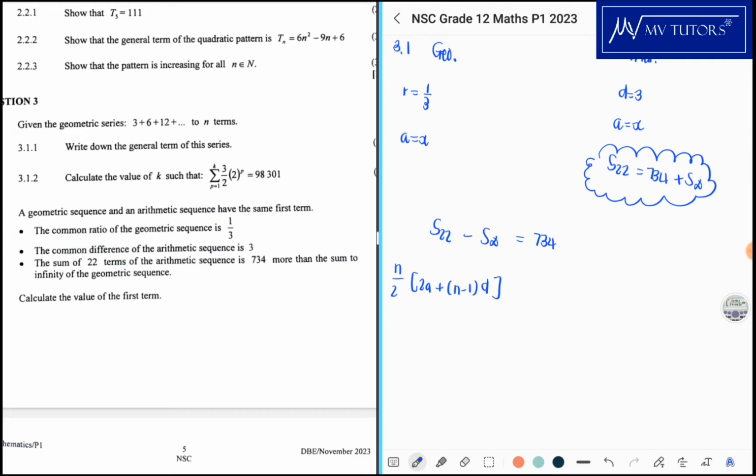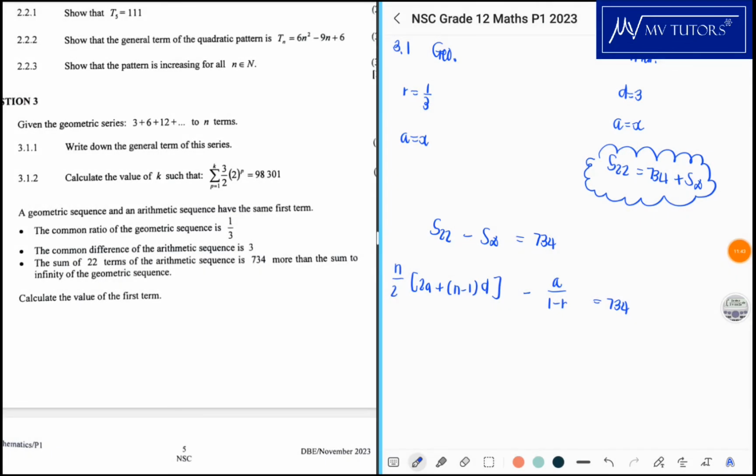Okay, and the sum to infinity, if you know it off by heart, that's basically a over 1 minus r. And all of that is equal to 734. And we're going to take a little break.